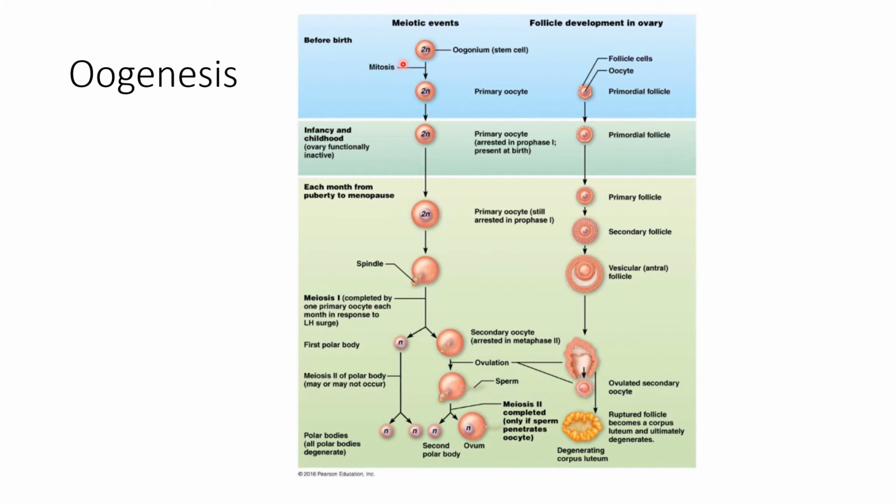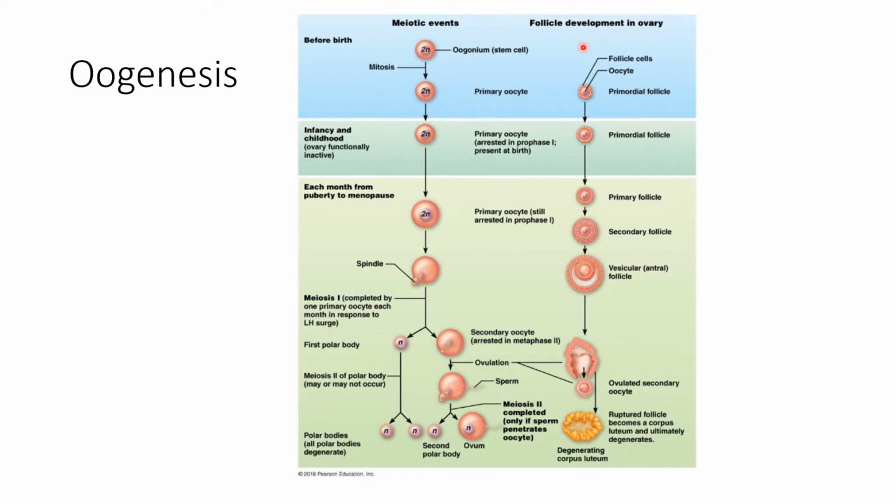The process of making eggs in a female is known as oogenesis. This slide right here is showing you the mitotic events. So it's showing how the stem cells within the ovary are going to start dividing, and how many chromosomes they are going to be carrying as they divide.